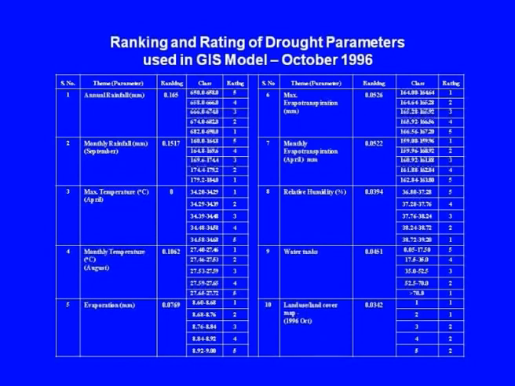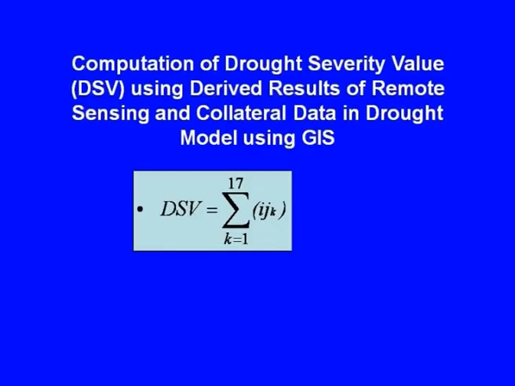Now, within each ranking, ratings also have been provided, that is, we need to classify or group the information into different levels, and ratings up to a level of 5 have been uniformly adopted for all the parameters which contribute towards the drought.